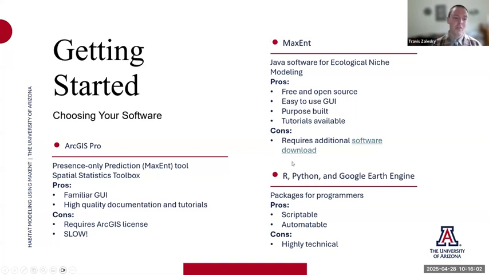For intermediate users looking for a free and open source option, there is a purpose-built Java application, which is available for download from the American Museum of Natural History. And this is what I used for my analysis. And for power users, there are various packages available for your preferred programming language.